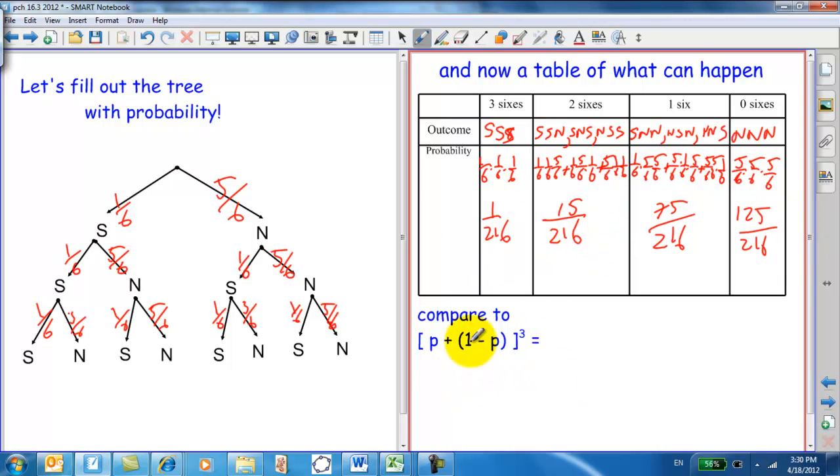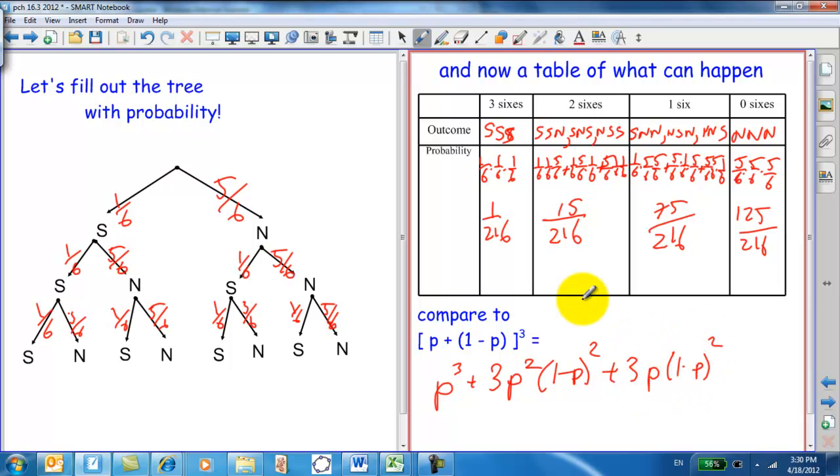And we could have also done this by taking p plus 1 minus p to the third, which is actually just 1 to the third, or 1. So this expansion should all add up to 1, because either our roll is going to be a 6 or it's going to be a non-6. So we could think of it as p to the third plus 3p squared times 1 minus p plus 3 times p times 1 minus p squared.